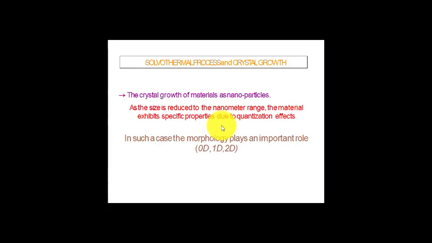Zero dimensional nanomaterials are those materials in which no dimension is out of nanoscale. One dimensional nanomaterials are those in which one dimension is not of nanoscale while the other two dimensions are of nanoscale. Two dimensional nanomaterials are those in which two dimensions are not in nanoscale while one dimension is in nanoscale.